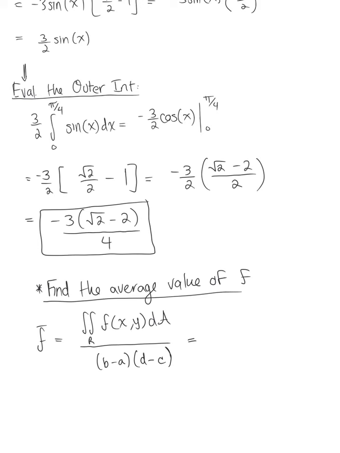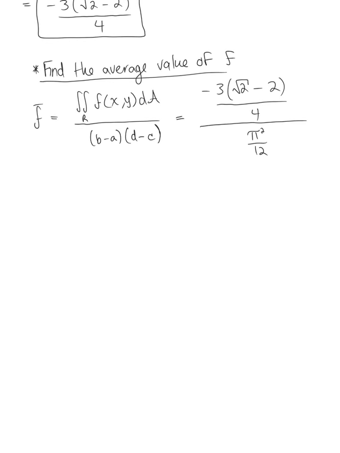So plugging in everything that we just found, and we've just evaluated the double integral and have minus 3 multiplied by the square root of 2 minus 2 divided by 4. And the very first thing that we found was the area, which was pi squared over 12. And we, of course, recall that fractions in the denominator flip.